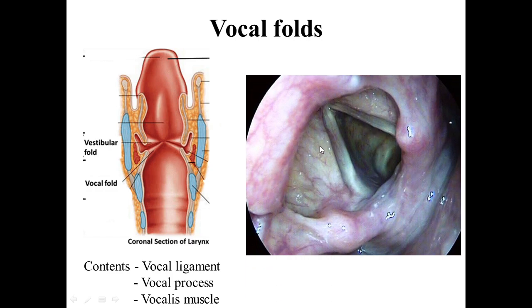Now here again this is the superior view. We have seen this is the aryepiglottic fold. Below the aryepiglottic fold, this fold is the vestibular fold, and just below the vestibular fold you can see the vocal folds. These vocal folds are pearly white in color.